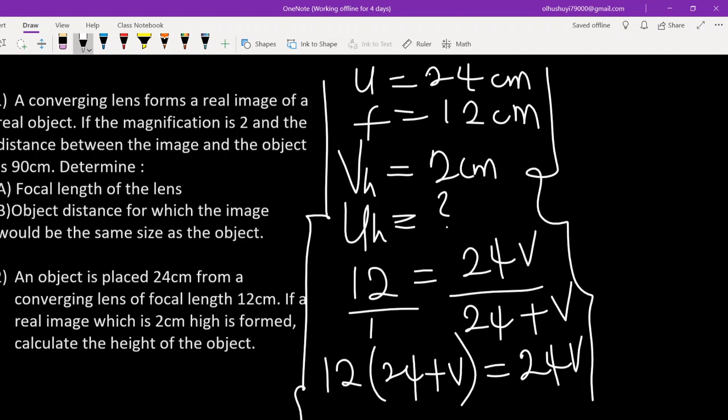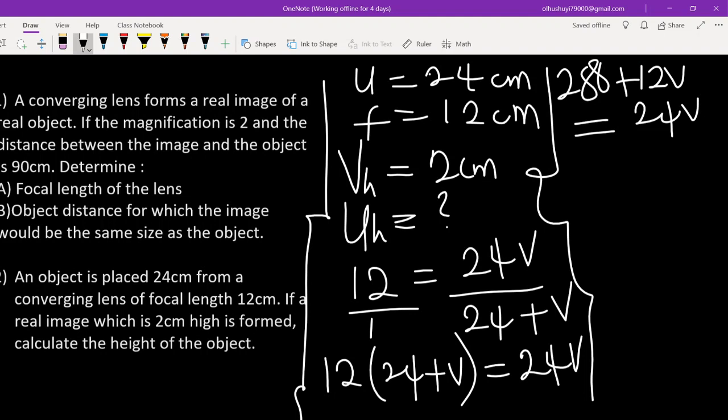So you have 24 times 12. What do you have? We have 288 plus 12V, and that is equal to 24V.